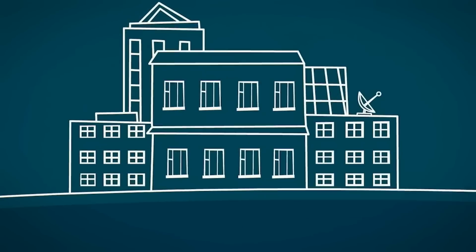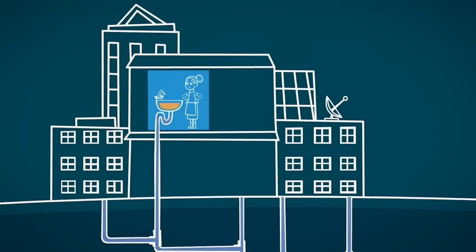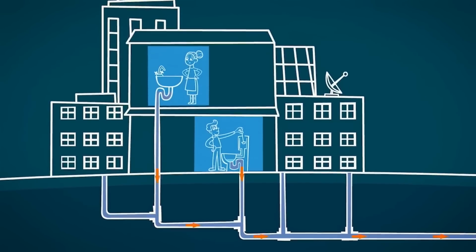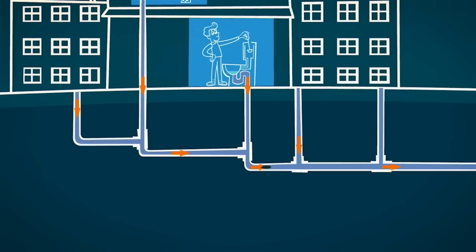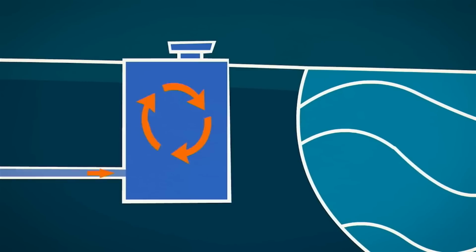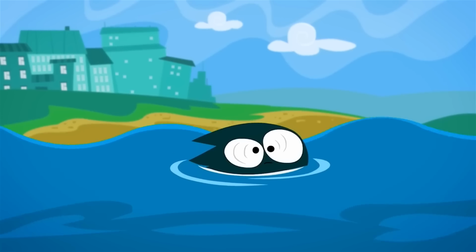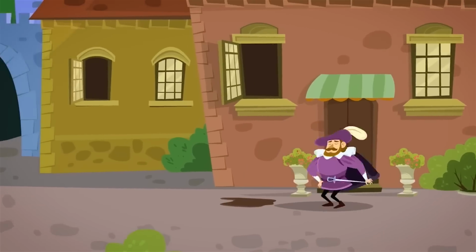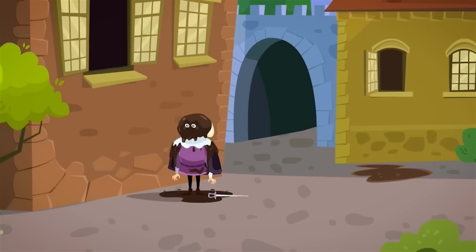The sewage system is a huge network of pipes that run underground. This is where the dirty water from sinks and the waste from toilets is sent. The sewage pipes then carry this dirty water to sewage treatment plants, where the water is cleaned before it is dumped into a river or the sea. Before the first sewage systems were invented, people would just dump their waste right out their windows onto the streets.